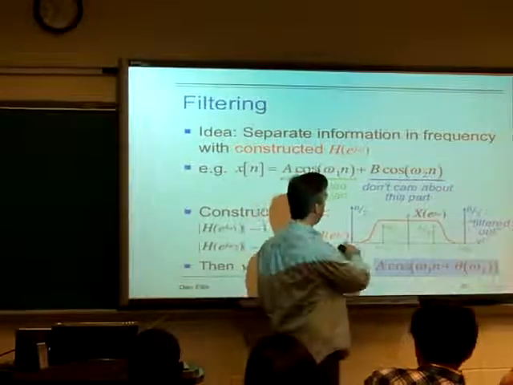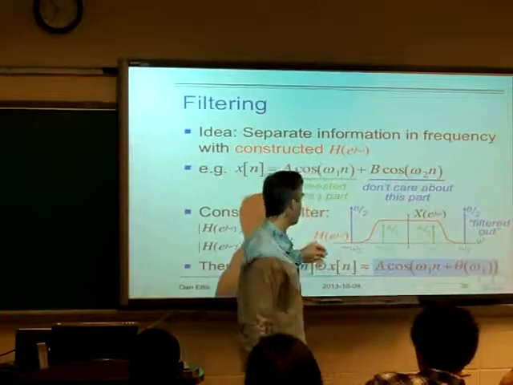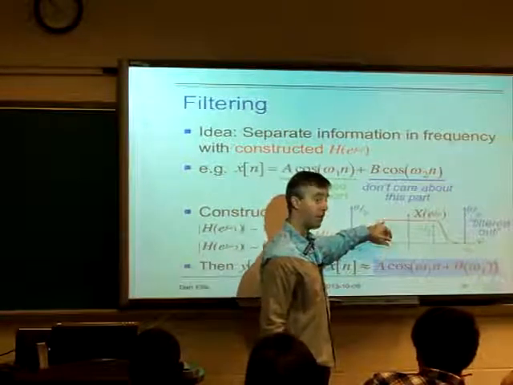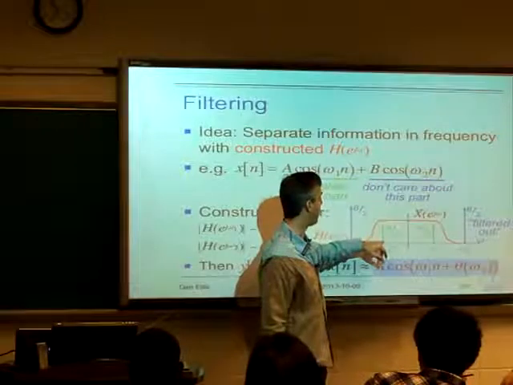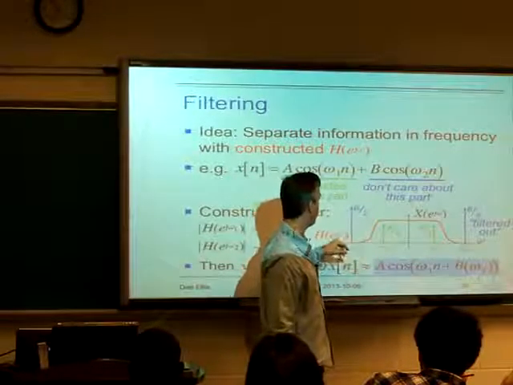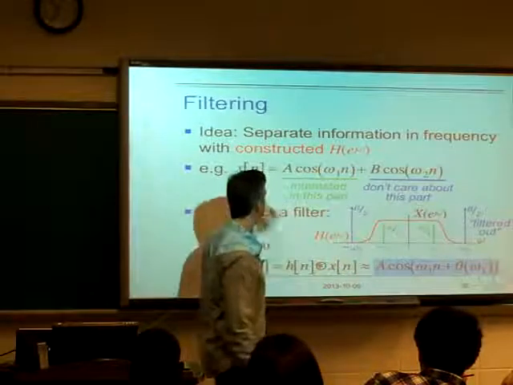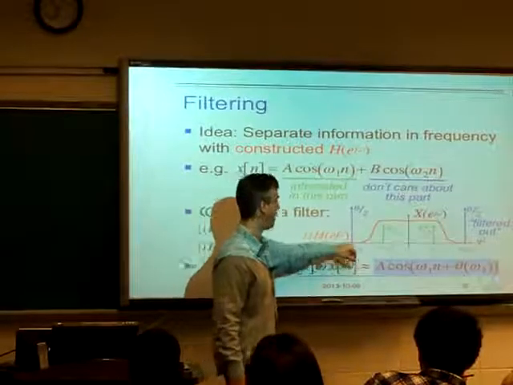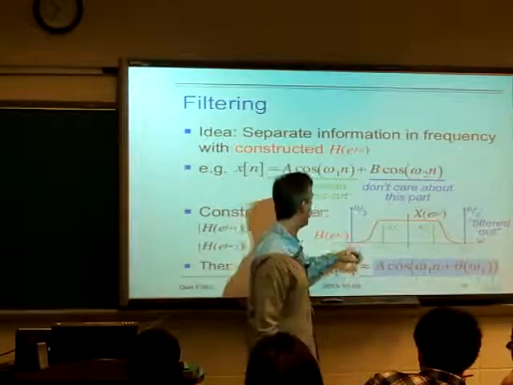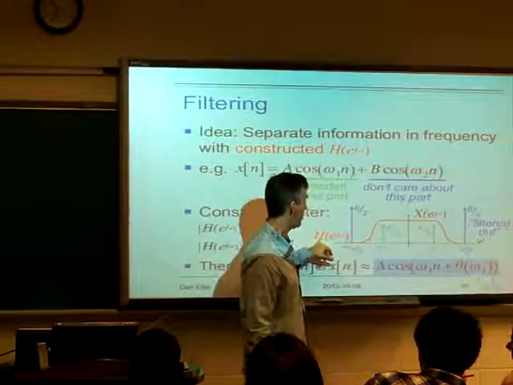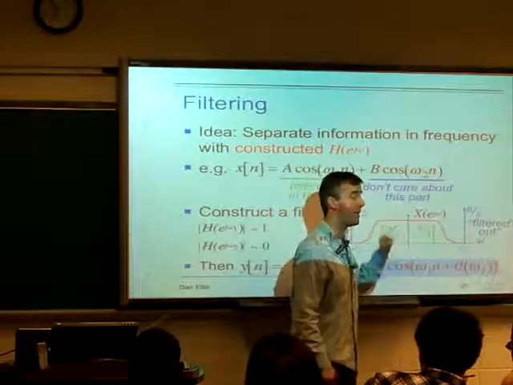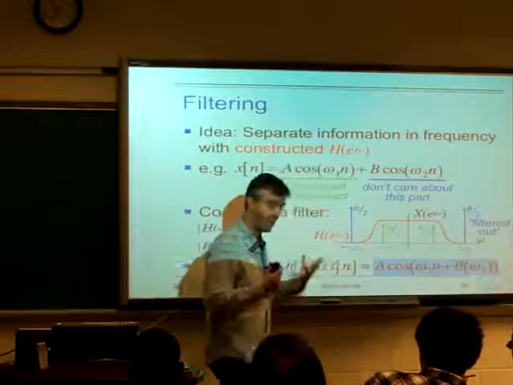And if we could build a filter with a frequency response H of e to the j omega that looked like this, so that it was close to 1 in the region of omega 1, and close to 0 in the region of omega 2, then when we pass this signal through this system, we take this spectrum here, the blue and the green, which is the spectrum of our signal x, we'd multiply it by H in the frequency domain, and then the B components would disappear, and we'd just be left with the A components. That's classic filtering.